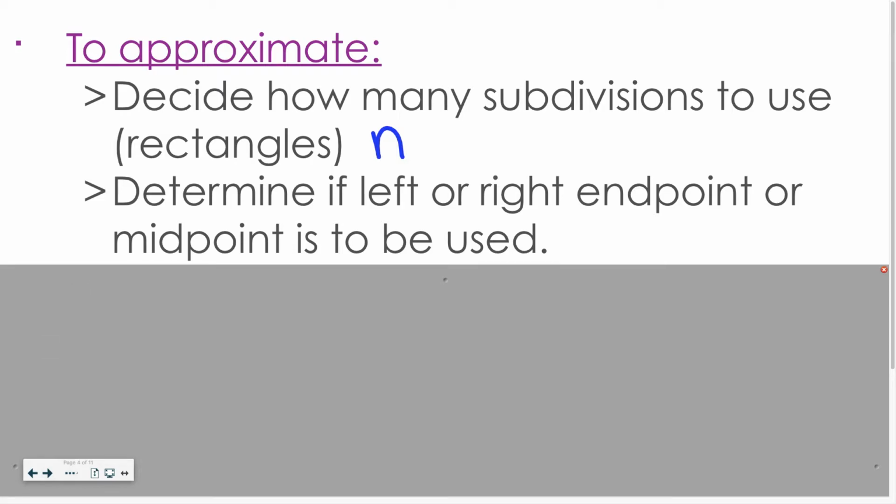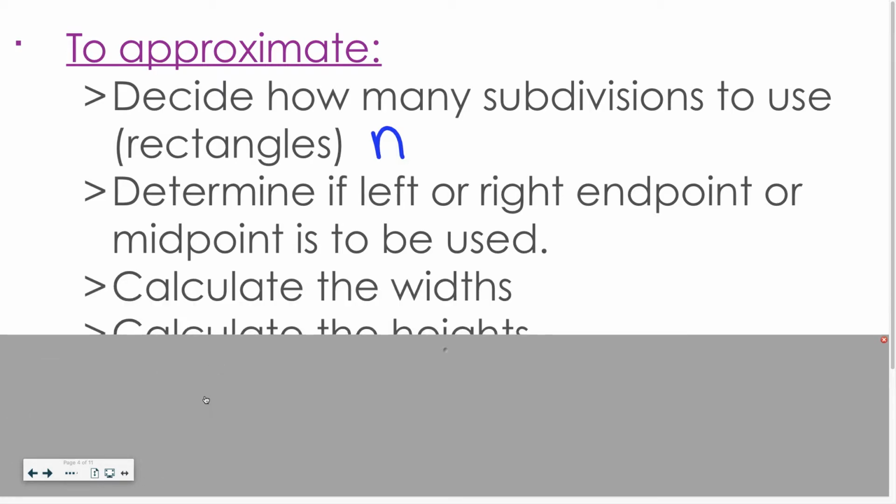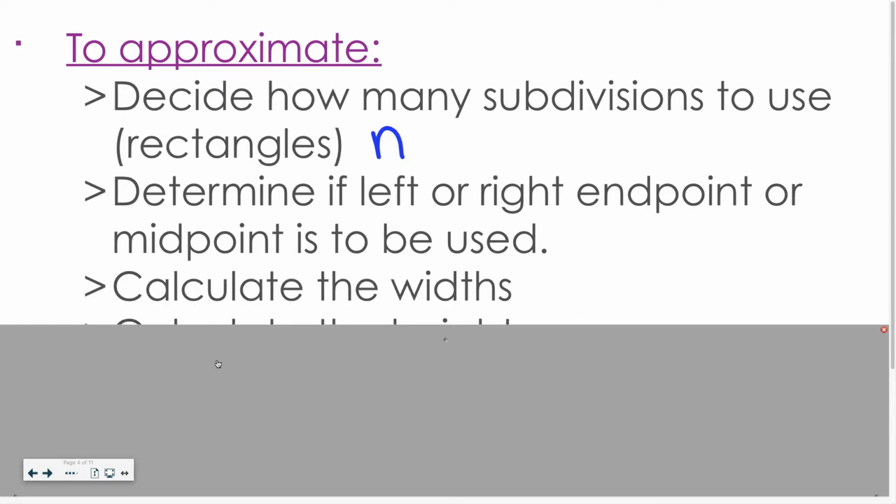Okay. We are then going to have to figure out how wide our rectangles are. And in order to do that, we need to figure out how often x changes.